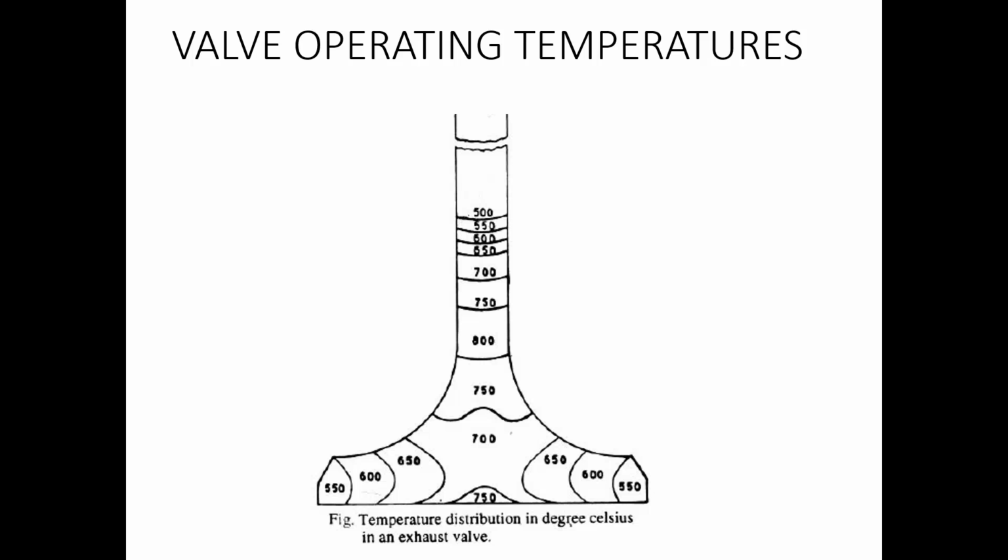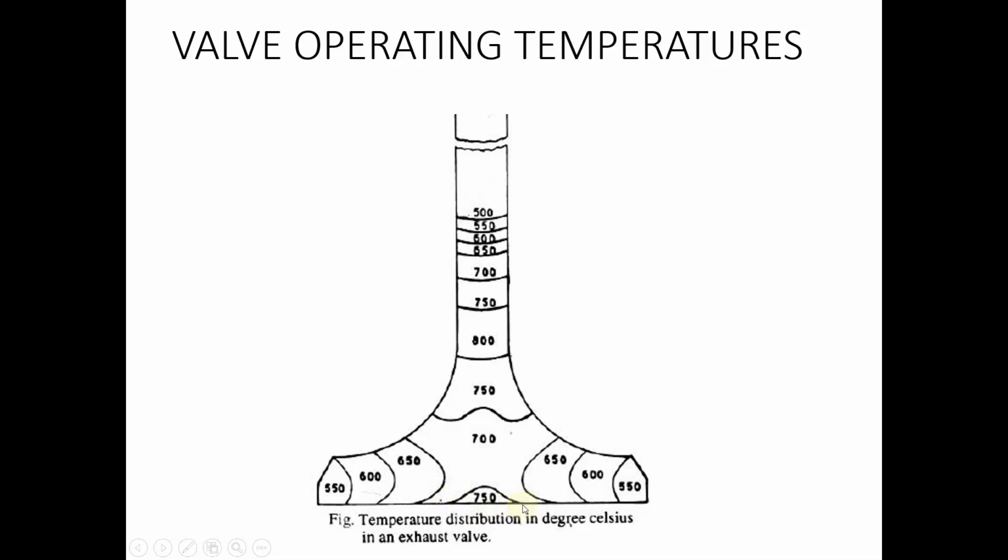You can see here the temperature profiles, or how the temperature distribution occurs at different areas of the valve. These are all mentioned in degrees Celsius. The highest temperature, 750 to 800 degrees Celsius, occurs at the center of the valve head. This is the case of an exhaust valve.